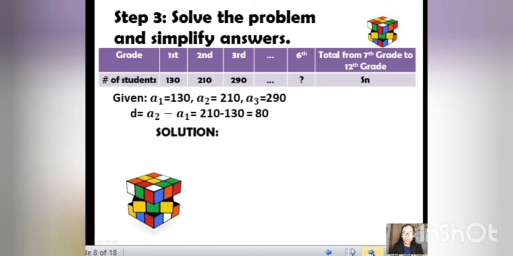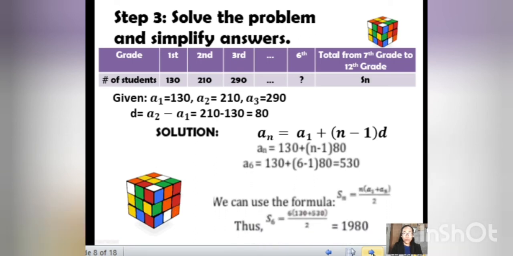So solution, we have a sub n is equal to a sub 1 plus the quantity n minus 1 times d. So substituting the given into the formula, we have a sub n is equal to 130 plus the quantity n minus 1 times 80.